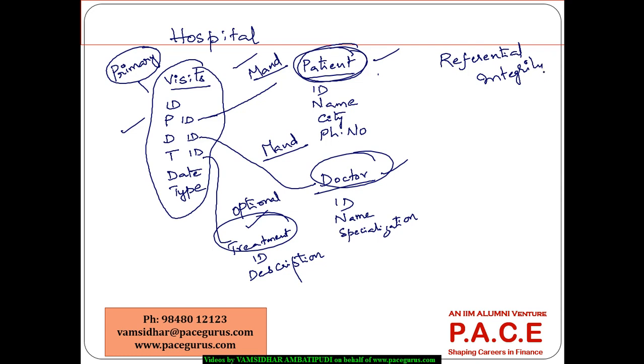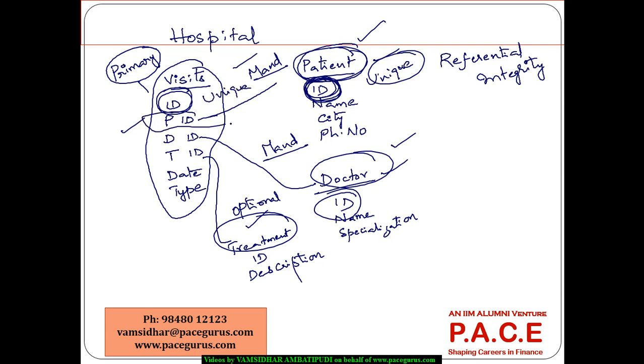Referential integrity is nothing but, see, in the patient table, this is the master record of the patient. This is the master record of the doctor. So here the ID is the ID associated with each patient, and this would be unique. No two patients will have the same ID. No two doctors will have the same ID. But in the visit table, the visit ID is unique, but the patient ID need not be unique.